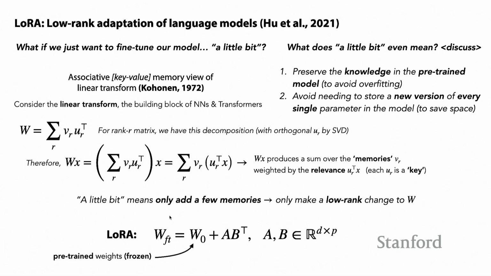This works perfectly well for non-square matrices. And so when we compute this matrix product, we get some low-rank D by D matrix that we add to W0, and we fine-tune just A and B here. So we don't fine-tune W0. And so we only end up needing to store 2 times D times P new parameters instead of 2 times D squared new parameters for every layer.